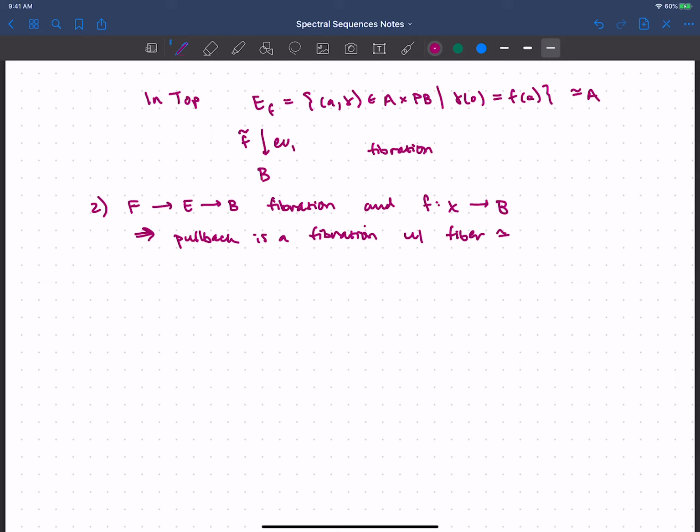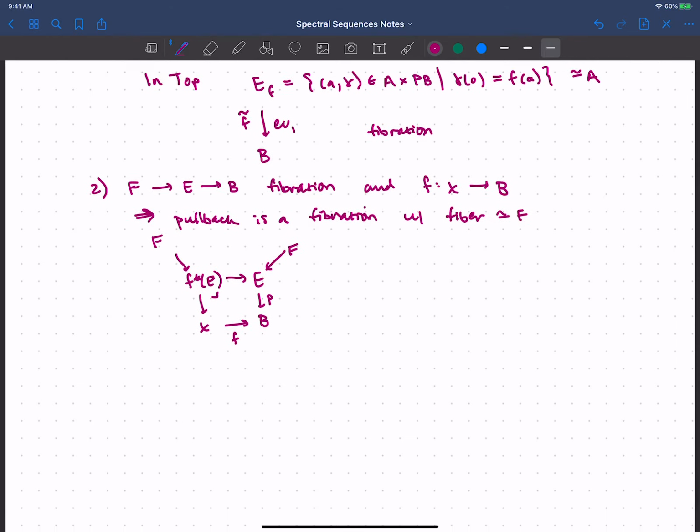What do I mean by that? The fiber will be homotopy equivalent to F. Of course here I'm assuming that I had a nice fibration with a nice fiber that I could describe over all points, and so I just look at the fiber over the base point. Let me draw a diagram for what I'm saying. So I have my fibration, and I can take the pullback of this map f. Then I'm just claiming that we have a fibration here on the left with the same fiber.